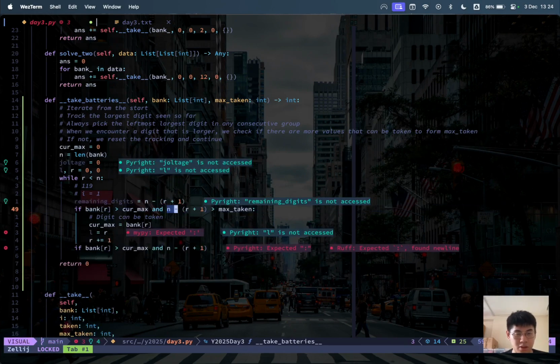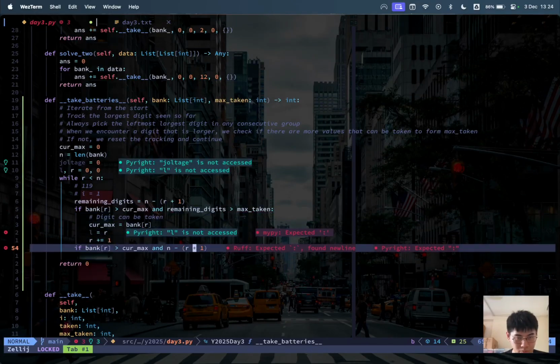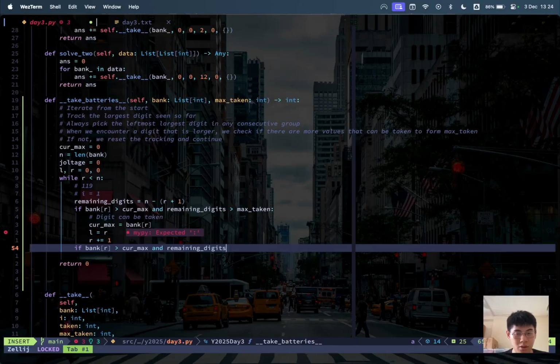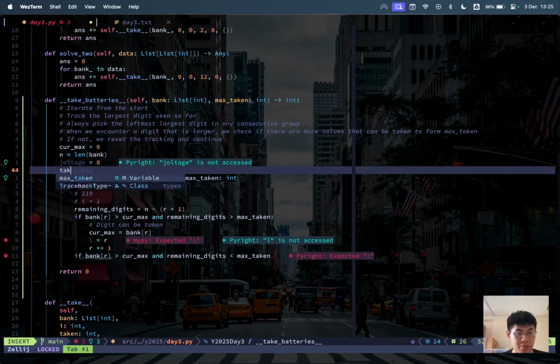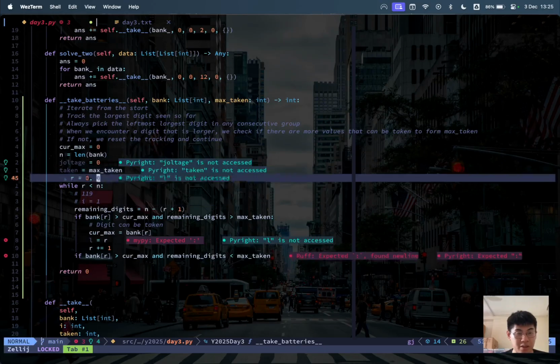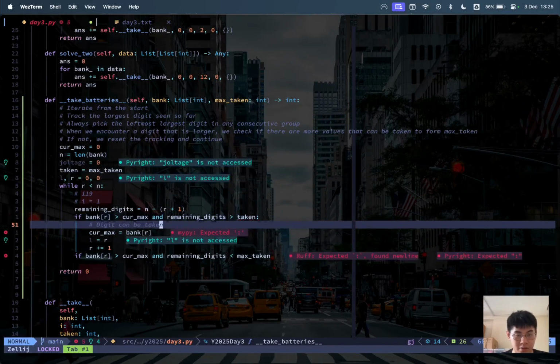So let's write a variable for this: the remaining digits. If remaining digits is less than the max taken. Oh, sorry, we need to keep track of the taken, which is the max taken.